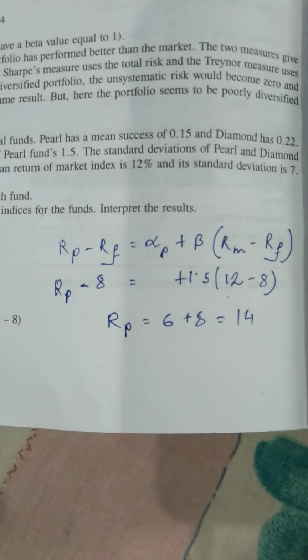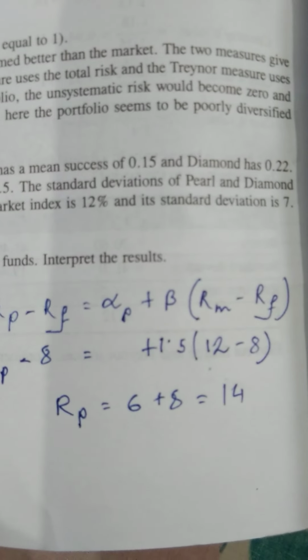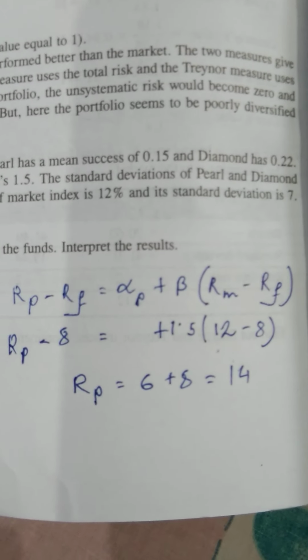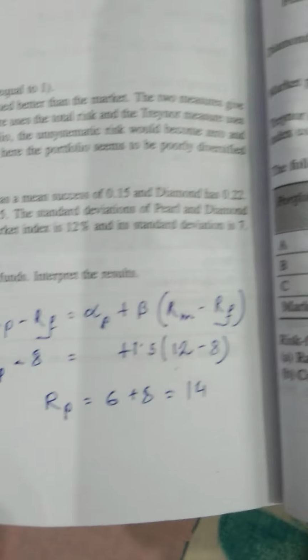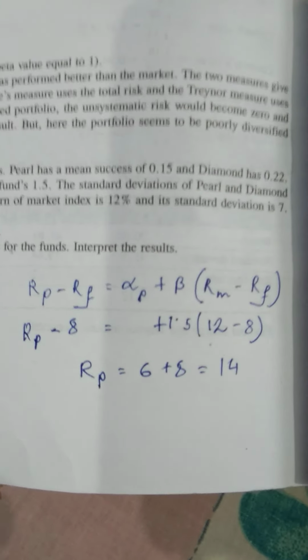Now if you look at the question, Pearl has a mean return of 0.15, that is the return from the portfolio, 15%. Now what is the difference between 15 and 14?